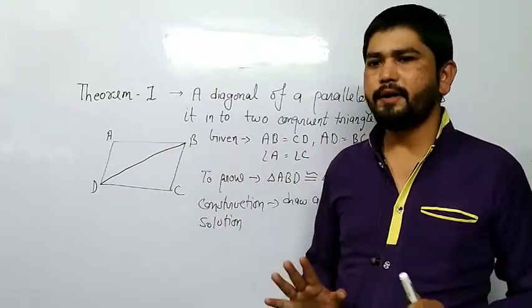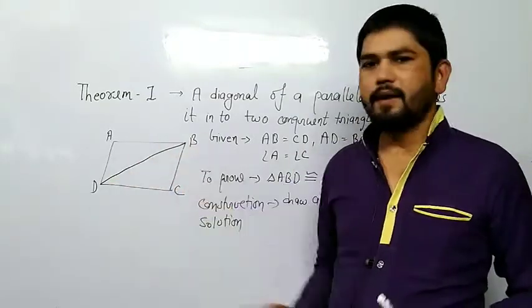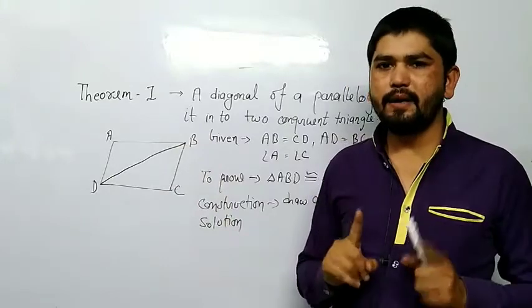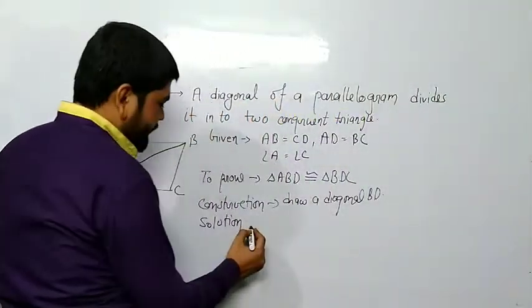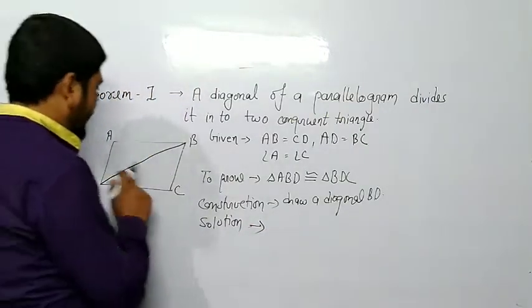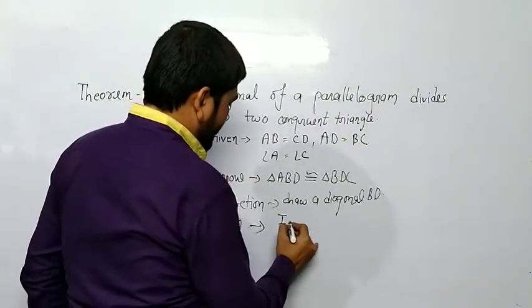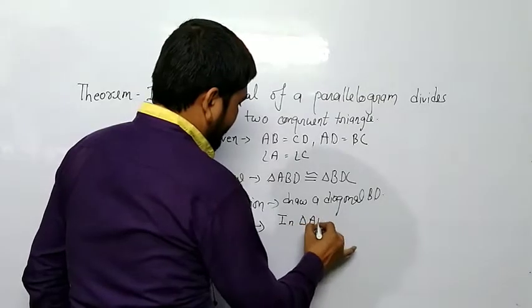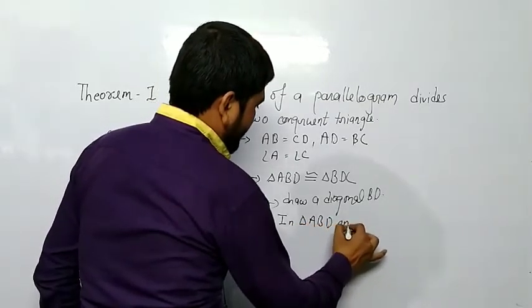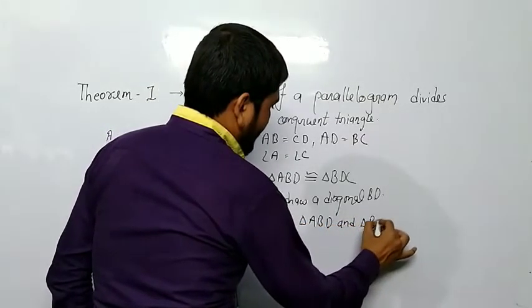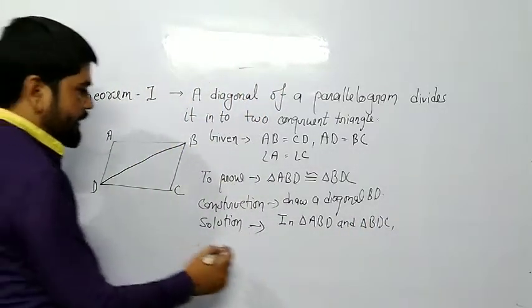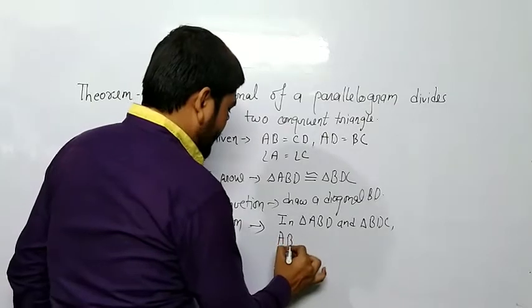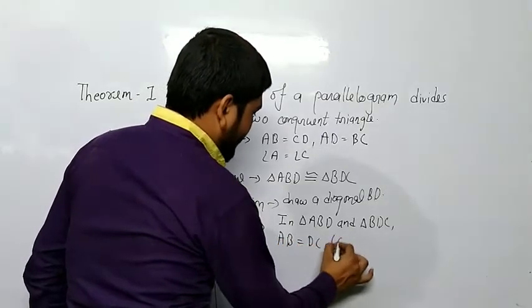So we need to prove here triangle ADB is congruent to triangle BDC. Okay. So see what we will do here. In triangle ABD and triangle BDC. Okay. What is given? AB is equal to DC, given. AB equal to DC, it is given to you.